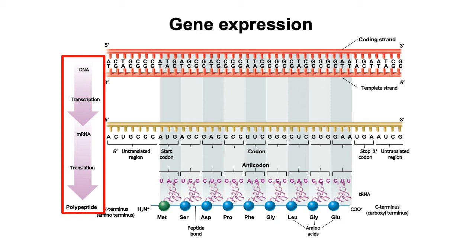And so what we're going to talk about for the next number of slides here is the molecular processes that are involved in taking genes and transcribing them into messenger RNA, and then taking that messenger RNA and translating it into a protein.